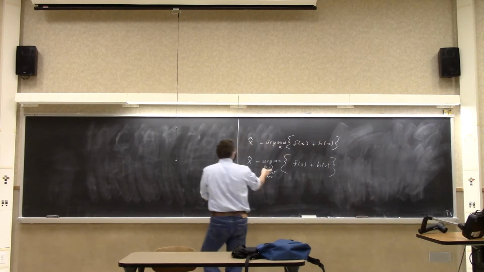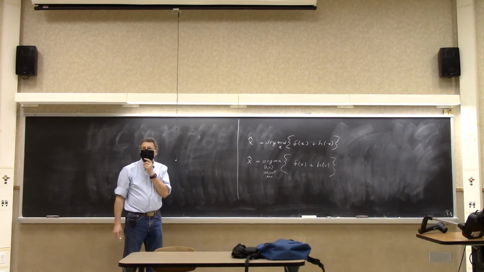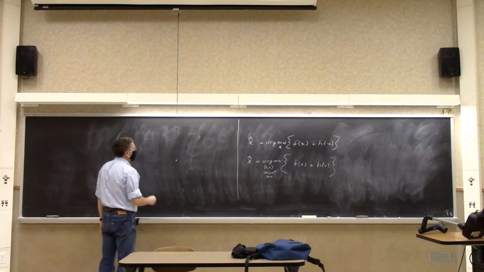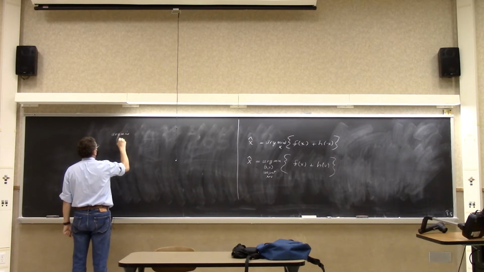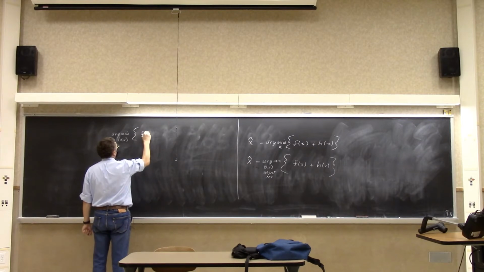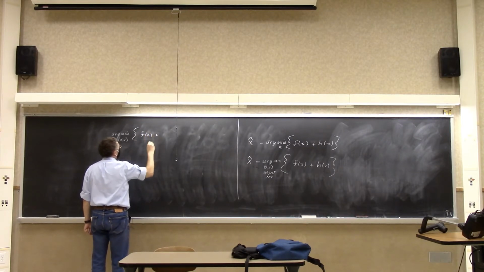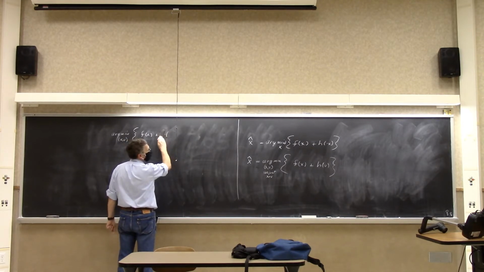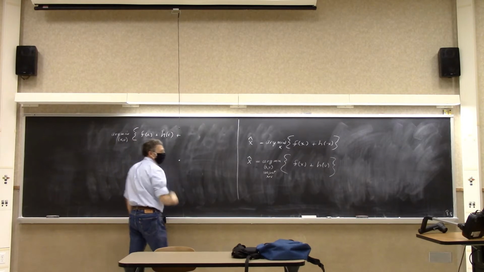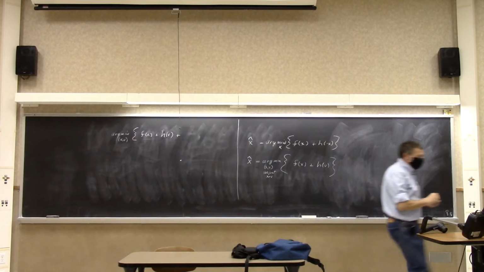So now how are we going to do this? The way we're going to do it, we'll do an argmin over x and v of f of x plus h of v, and then plus, hold on for a second, I want to make sure I use the same notation that I use here.